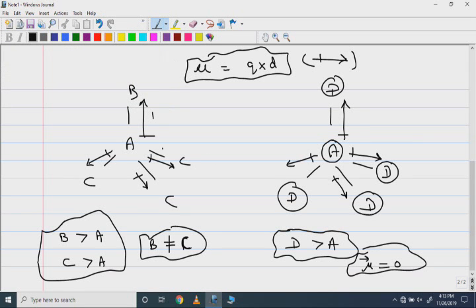This is the first dipole, this is second, this is third, this is fourth. Can you tell me if all the dipoles have the same magnitude in molecule number 1? I have already said that the electronegativity of B and C are not equal.